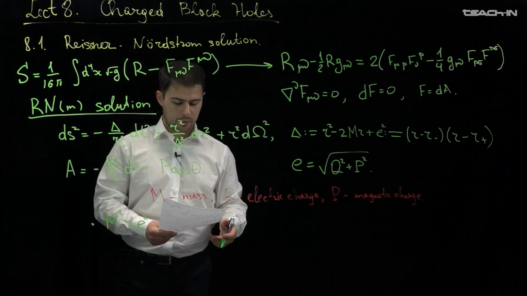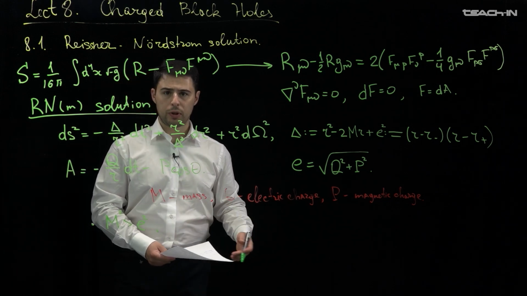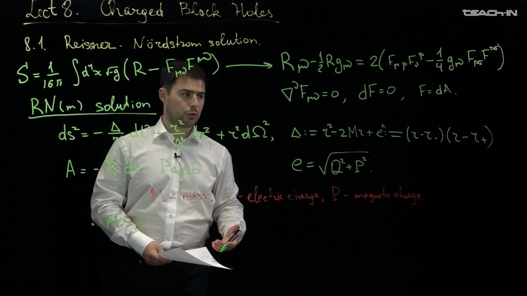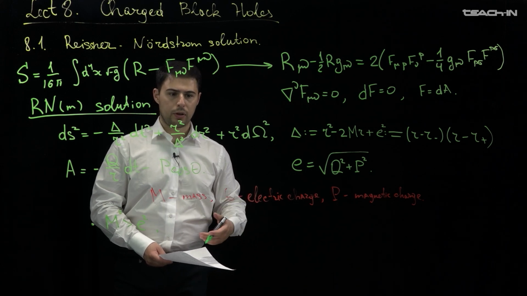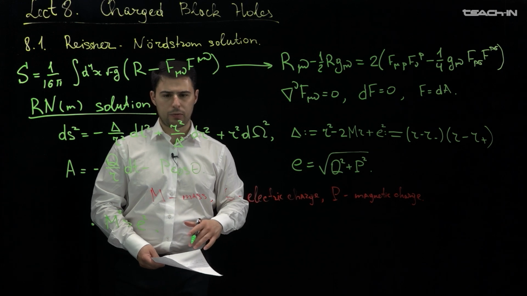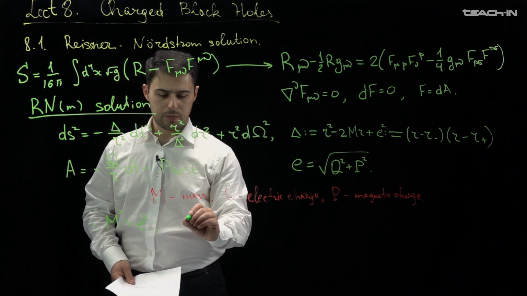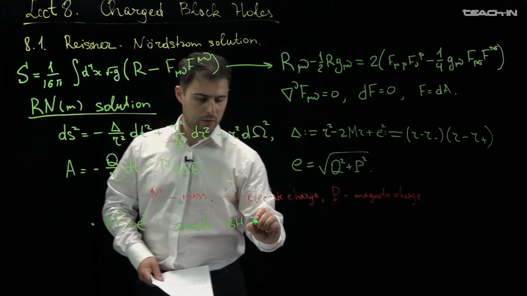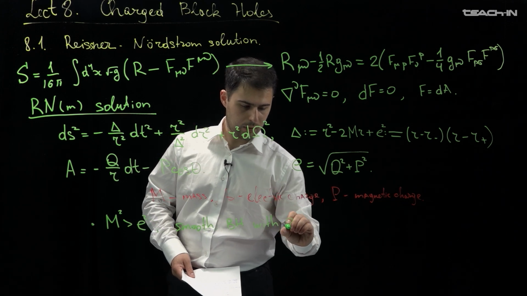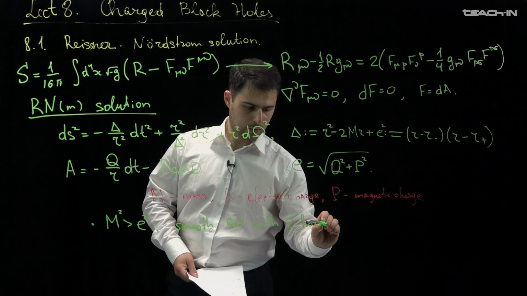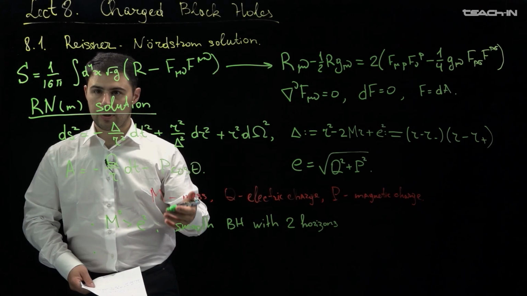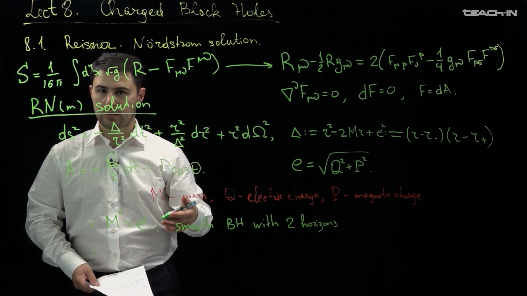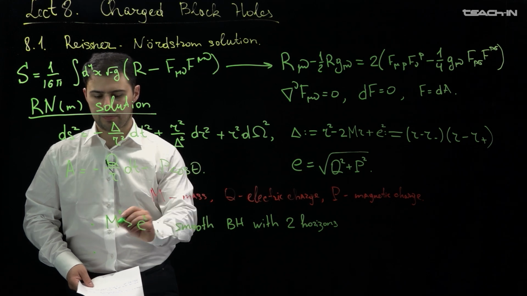Then we have a smooth black hole solution which has two horizons, an outer horizon which we call r plus for the big root, and r minus for the small root. This is the most physically relevant situation, where the mass dominates over the electric charge.